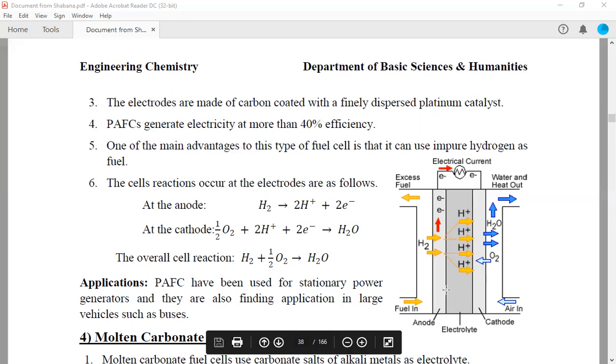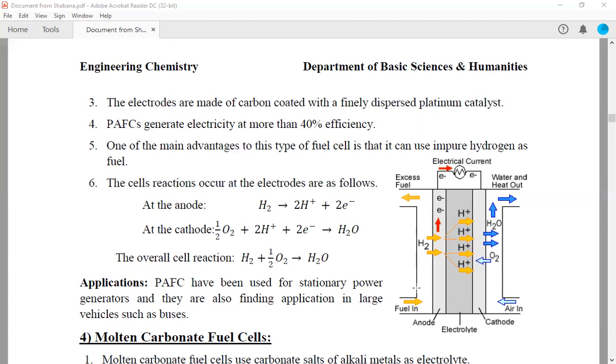This is the overall reaction, and in this the water is generated, which comes out through the outlet. This water is used by submarines and military vehicles.